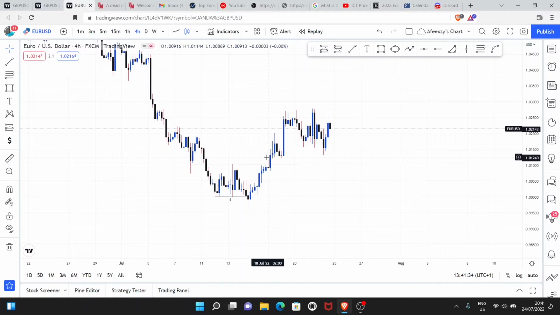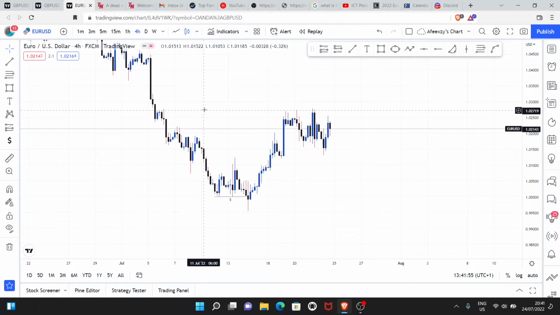We saw the change of structure here. Then it continued moving up, attacking this liquidity zone, these equal highs. So you can see this nice reaction from here, attacking this high.